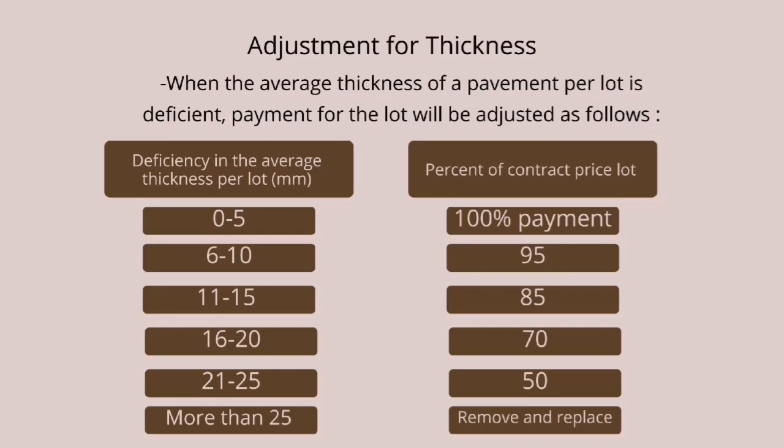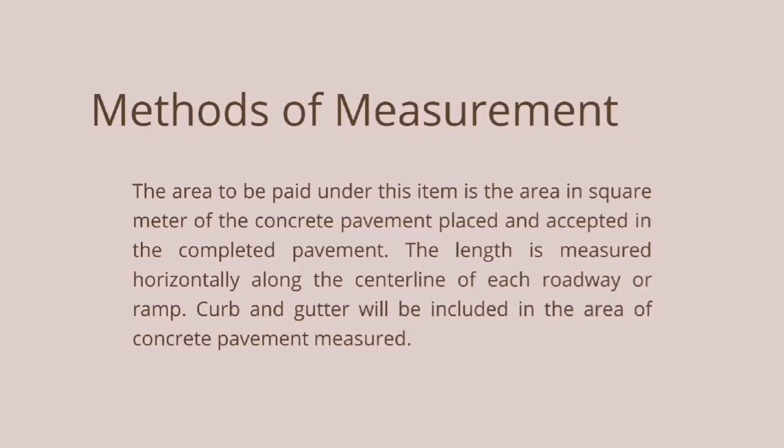So every 0 to 5 mm, we have a 100% payment, and 6 to 10 mm is 95%, 11 to 15 is 85%, 16 to 20 is 70%, 21 to 25 is 50%, and more than 25 is remove and replace.